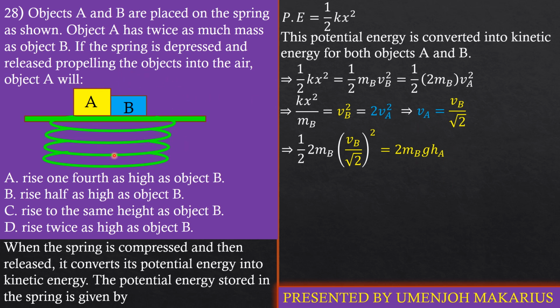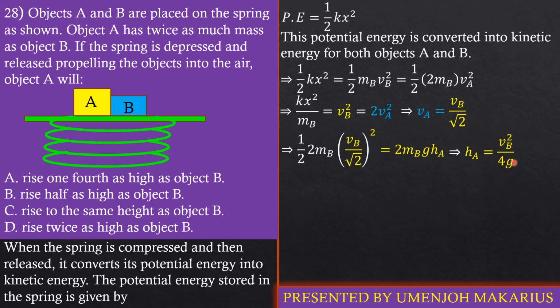Keep in mind that when the spring is depressed and released, the blocks rise to some height, and the mechanical energy of the blocks initially has to be equal to the mechanical energy finally, when they attain some maximum height, small h. If we simplify this correctly, hA is the same as vB squared over 4g.